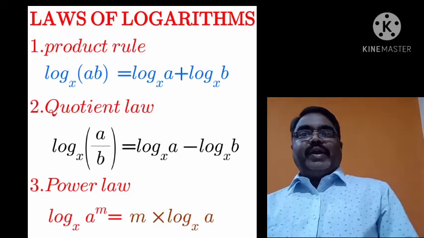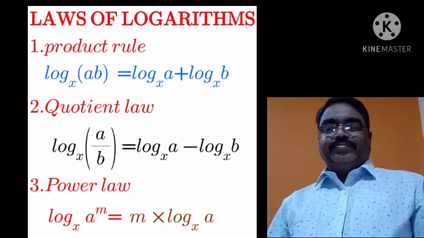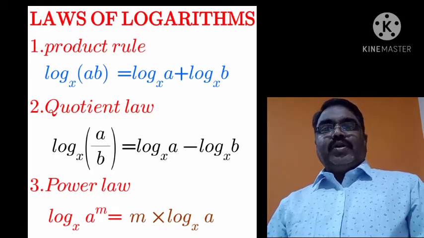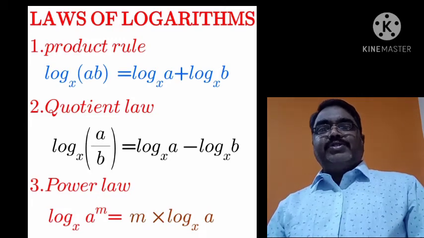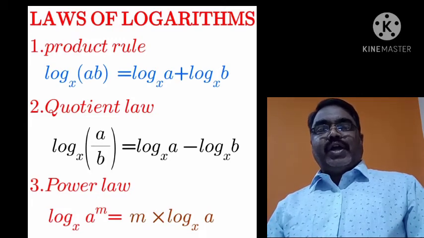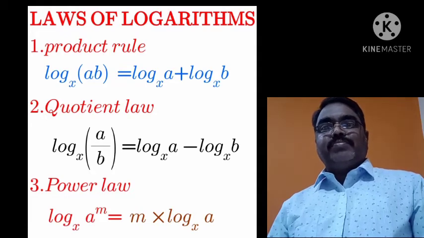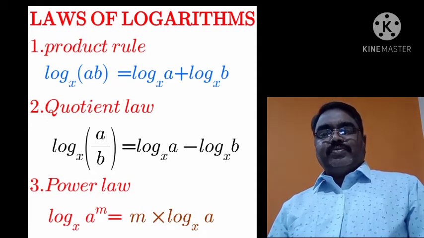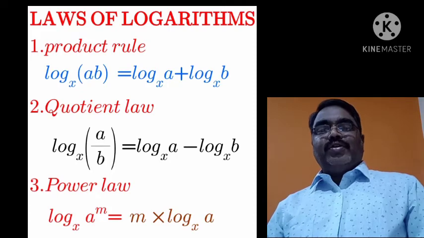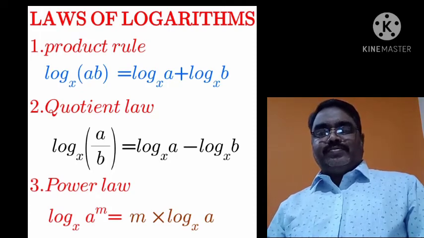Now the third one is power law. Log a to the power of m to the base x gives m into log of a to the base x. Here in this, the exponent becomes the coefficient of the logarithm. M times log a to the base x.